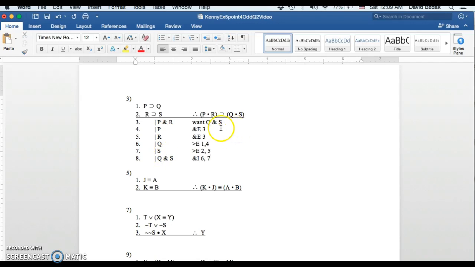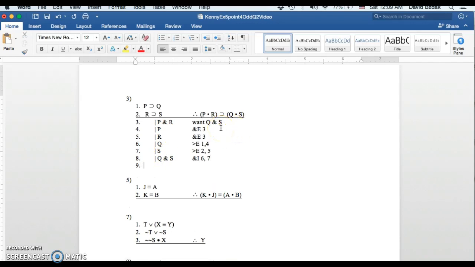That's what we wanted, so we're done. Come back to the original scope line, and we get that by conditional introduction of 3 through 8. So 3 was our assumption, 8 was where we got what we wanted, so that whole subderivation gave us that conditional.